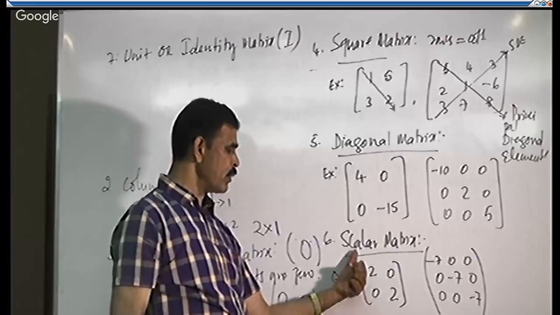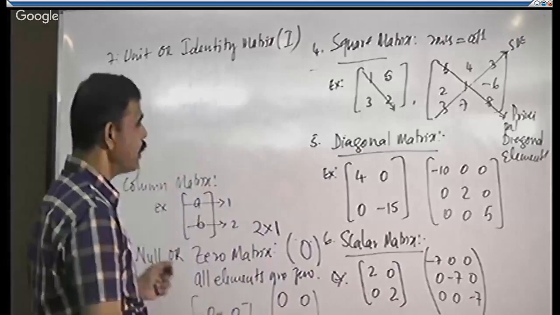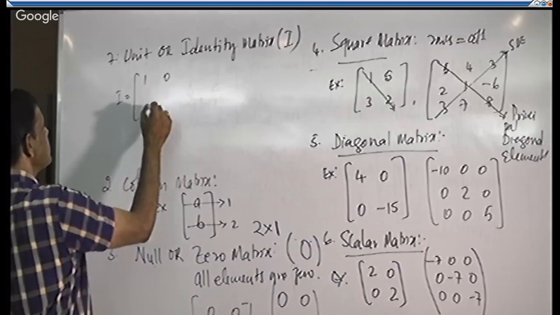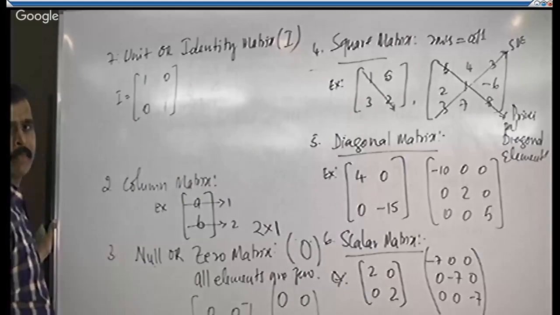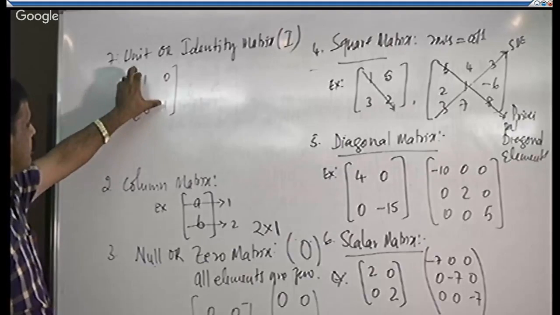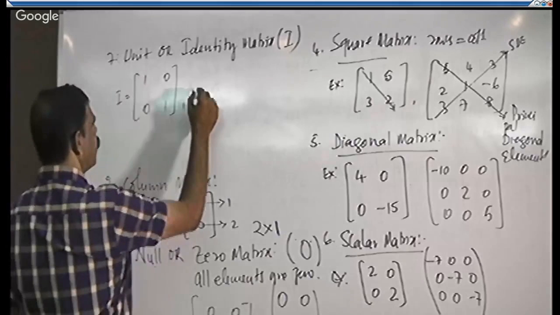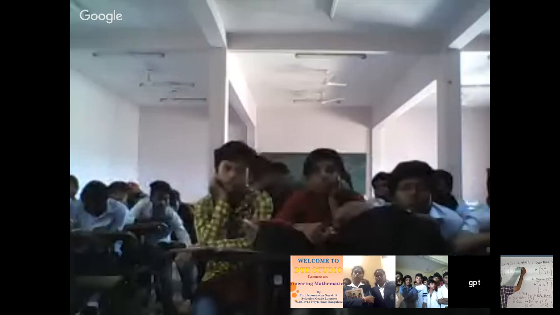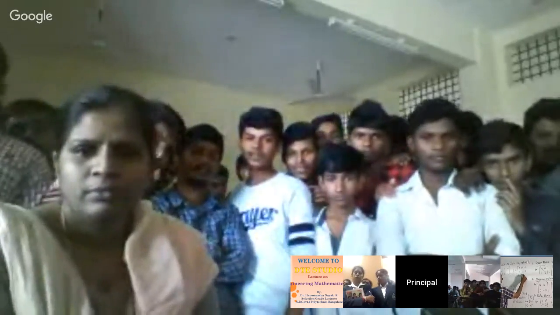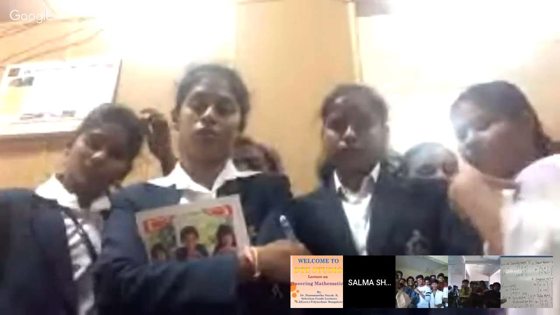In the scalar matrix, if all the principal diagonal elements are equal to 1, that is said to be the identity matrix. See the example, I is equal to 1 0 0 1. Check this: except the principal diagonal elements, all are zeros, and the principal diagonal elements are equal to 1. In 3 cross 3, see 1 0 0, 0 1 0, 0 0 1. This is a unit matrix.